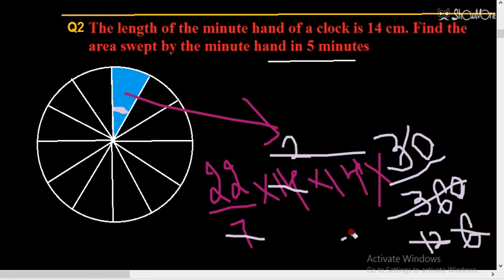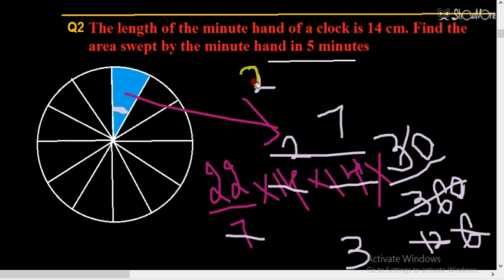3 twos are 6, and 7 twos are 14. So we are left with 22 into 7 by 3. Let me change the color so that it will be differently visible.